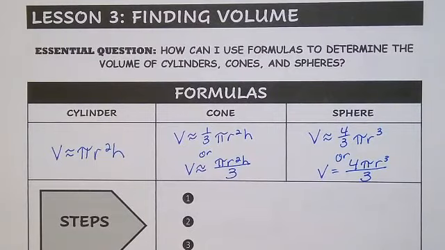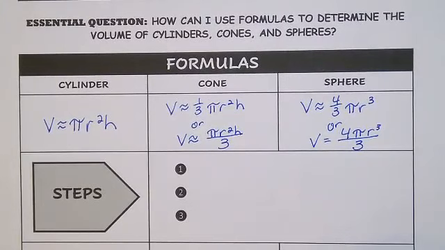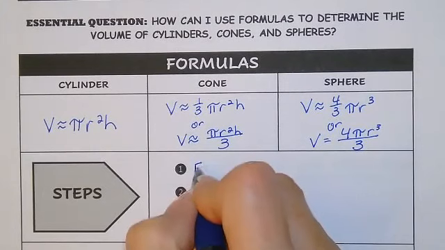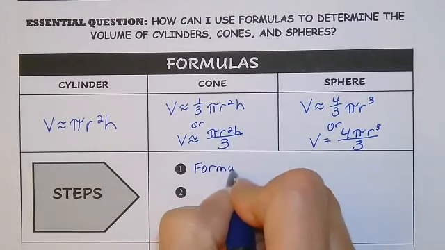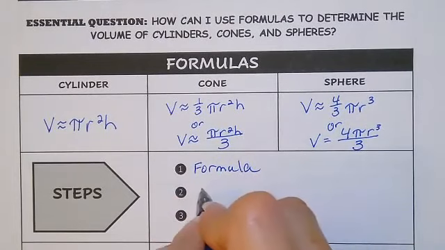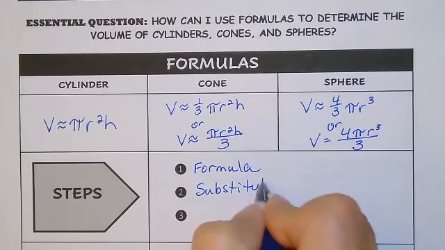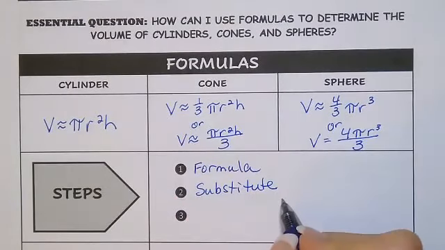All right, we have 3 steps to finding the volume of a cylinder, cone, and sphere. The first one is to write your formula. The next is to substitute. When you're substituting, you have to be mindful of radius versus diameter.